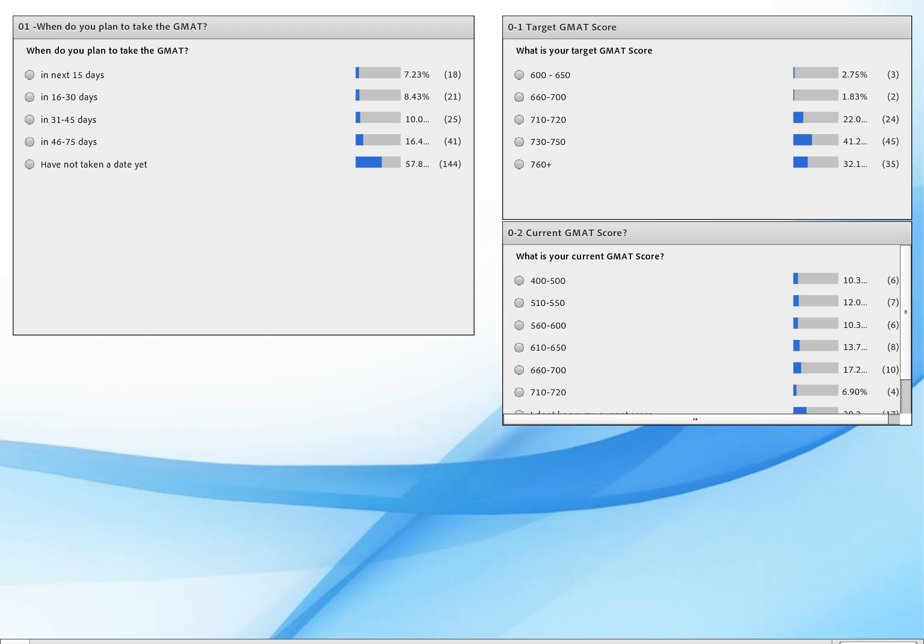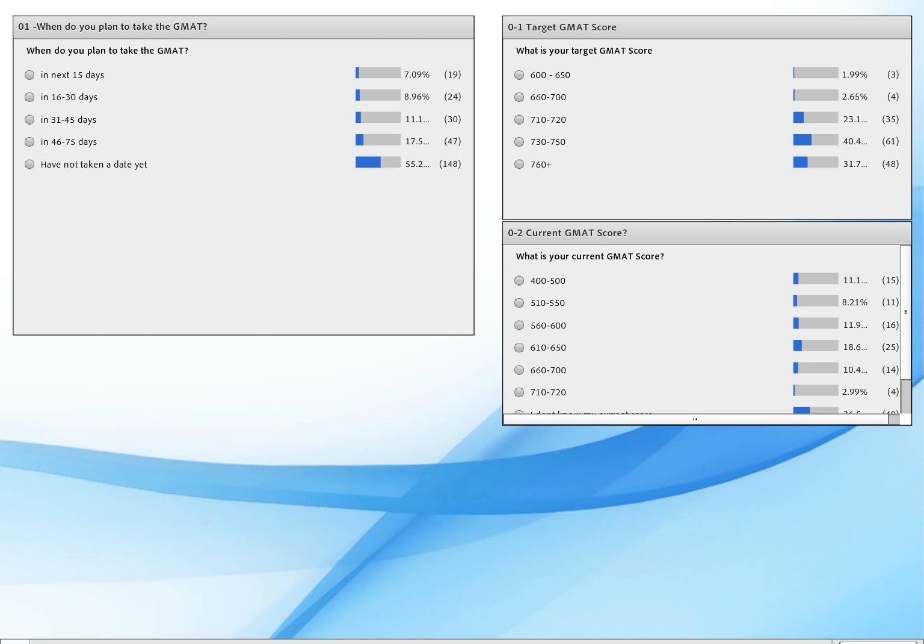All right, let's get a few more data points. With regards to when people plan to take the GMAT, about 60% of you haven't taken a date as of yet. It seems like an increasing graph where very few of you have your test in 46 to 75 days. A bunch of you have your test in 15 days and 16 to 30 days, and so on and so forth.